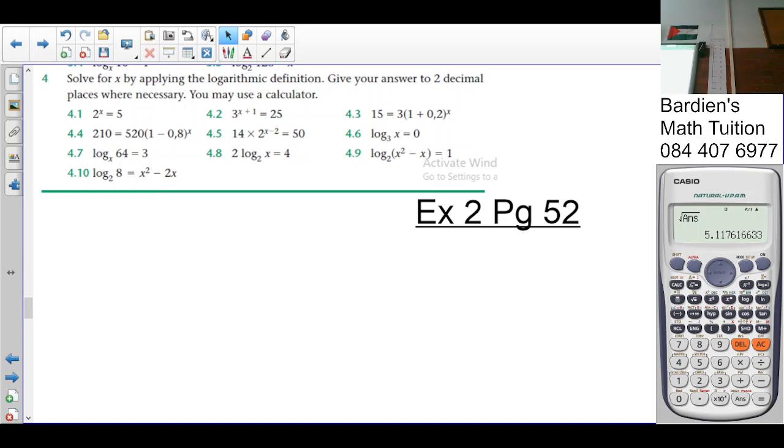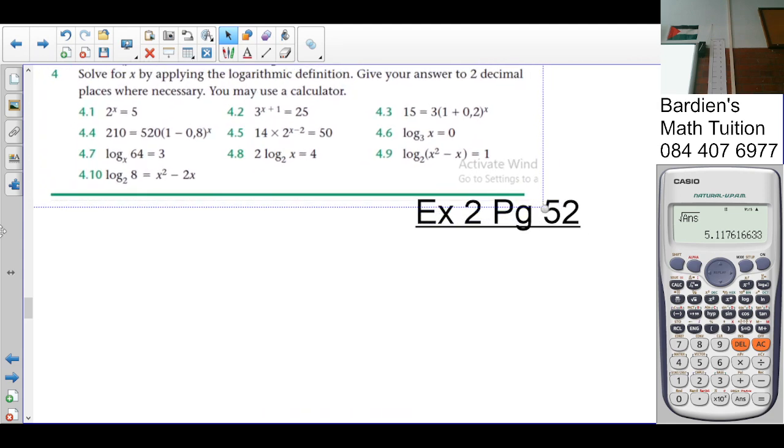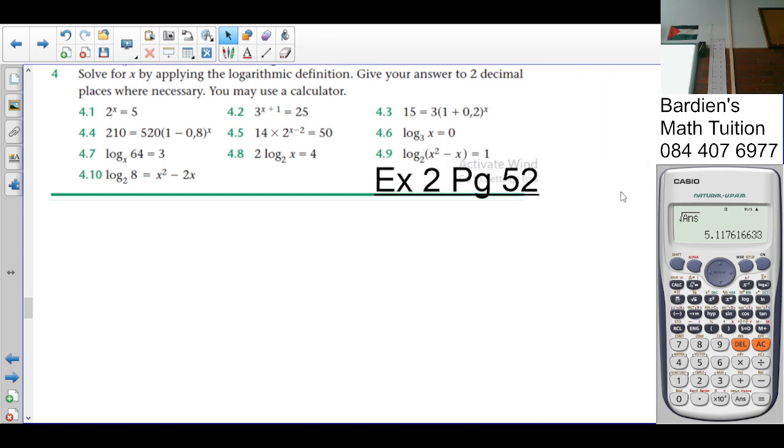So 4.2, we got 3 to the x plus 1 is equal to 25.